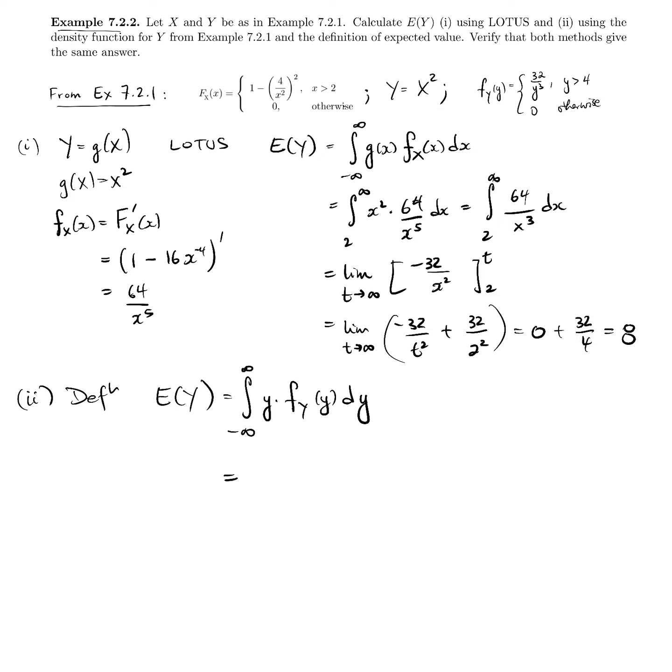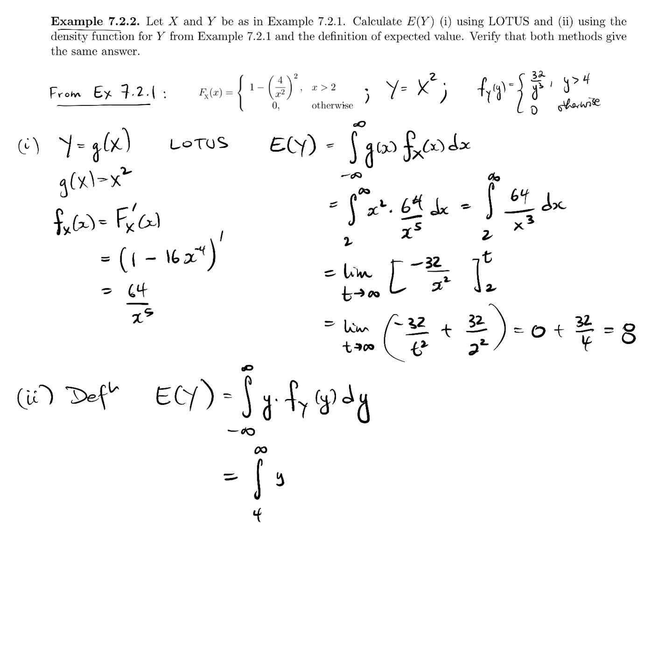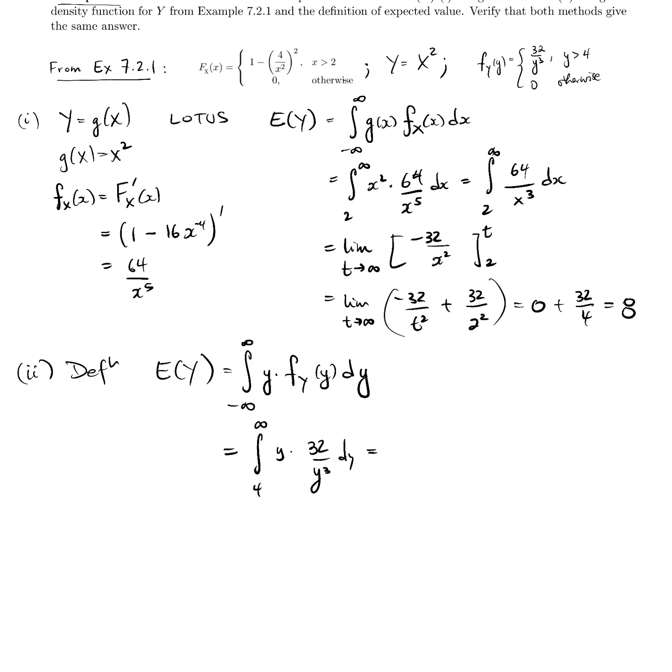We're going to integrate from 4 to infinity now, as the support dictates, so 4 to infinity of y times 32 over y cubed dy. That can be simplified a little bit, so the integral from 4 to infinity of 32 over y squared dy.